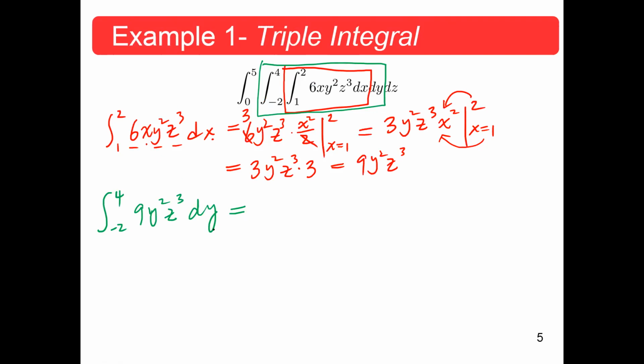Over here, y is our variable. So we take 9z cubed out as the constant coefficient and then find the antiderivative of y squared. So it'll be y cubed over 3. And then y runs from -2 to 4.